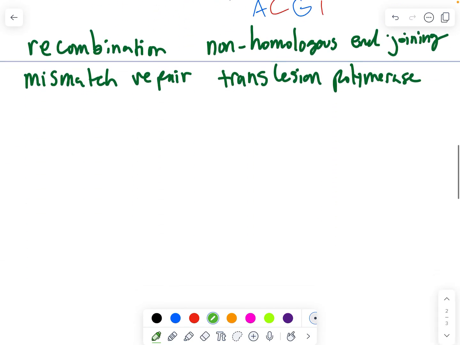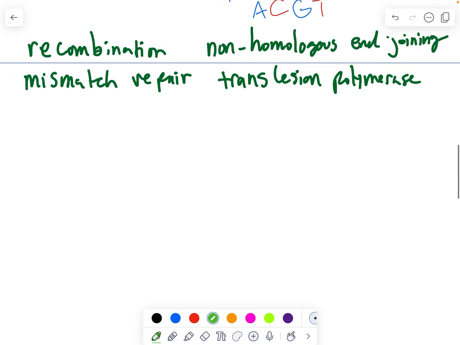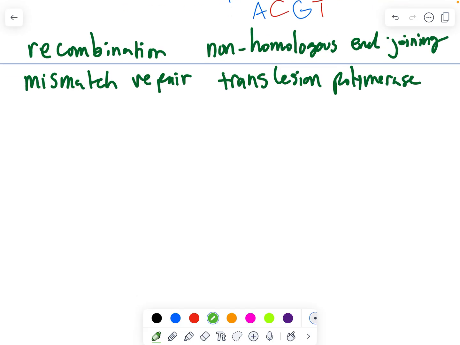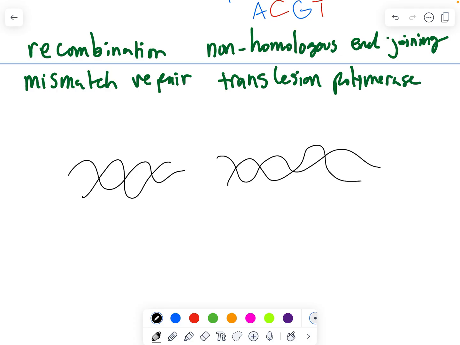So DNA replication is very efficient. The structure of DNA allows for very, very precise replication, but mistakes can be made for some of the reasons that we just discussed. And in a lot of those situations, we can fix those mutations before they have downstream consequences for the cell or the organism. One of the things that we talked about is ionizing radiation, which creates double-strand breaks in our DNA.